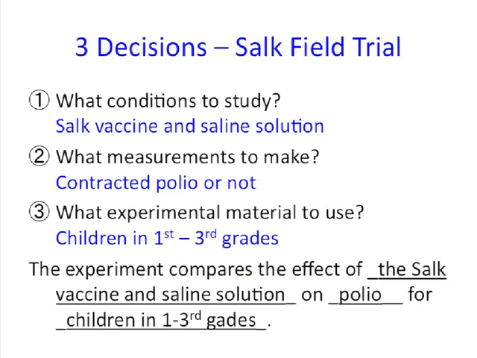So again, the response in this case is nominal. And finally, what's the experimental material that was used? And that's the children in grades 1 through 3. So we can construct a sentence of that. The experiment compares the effect of the Salk vaccine and saline solution on polio for children in grades 1 through 3.